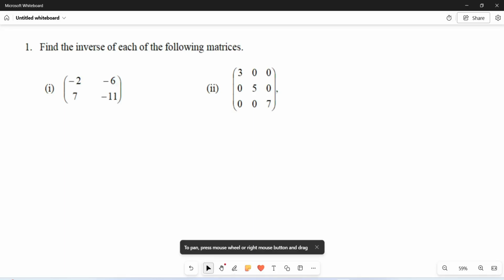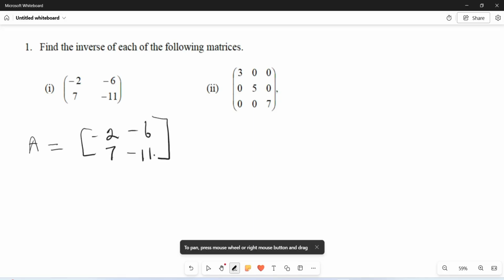So you can see this is a 2 by 2 matrix, and how do you find the inverse of such a matrix? The theory is, first of all, we identify what this is. I label this as A equals this matrix, that means minus 2, minus 2, minus 6, and 7, minus 11.